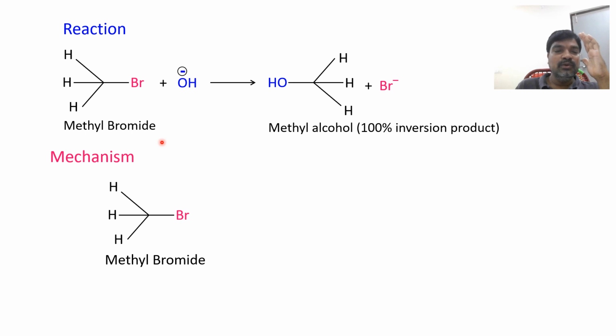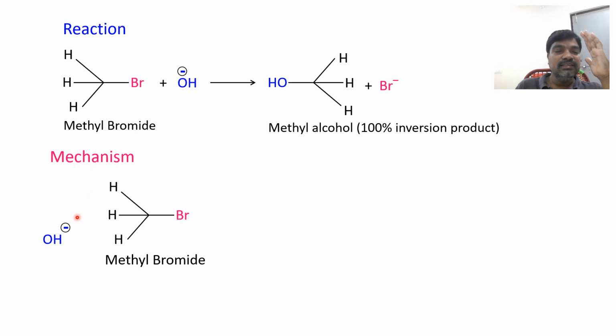Take this methyl bromide. When methyl bromide is reacting with OH minus, a strong nucleophile, this strong nucleophile can attack from the backside of the leaving group. Here bromine is the leaving group. OH minus can attack from the backside because on that side hydrogen atoms are there, and hydrogen atoms have a very small size.